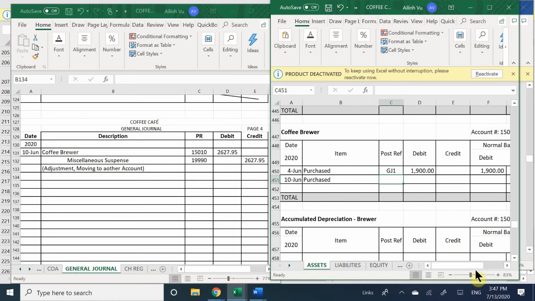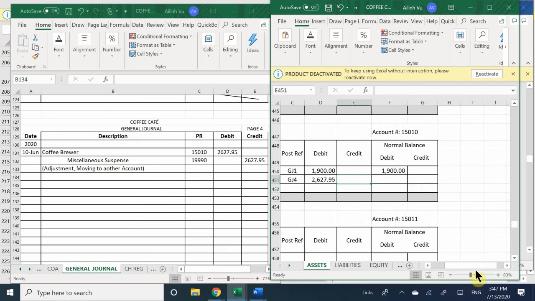All right, general journal number 4. And I'm going to indicate that I'm going to have 2627.95. And because of that, that means my new balance should be 19, oopsies.